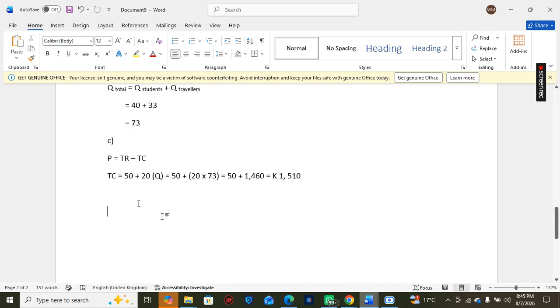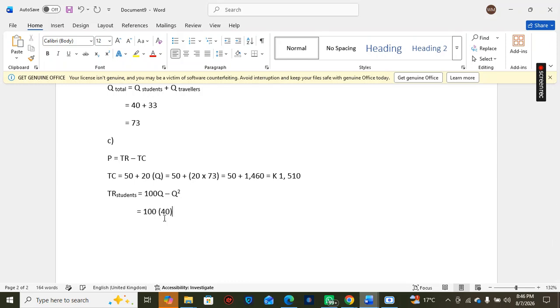So say TR, total revenue, students, 100 multiplied by the number of students, which was 40.